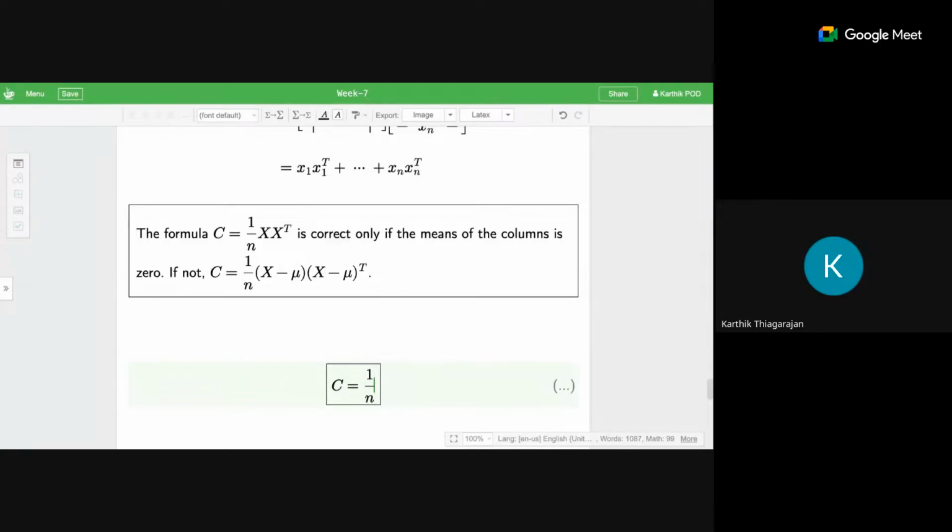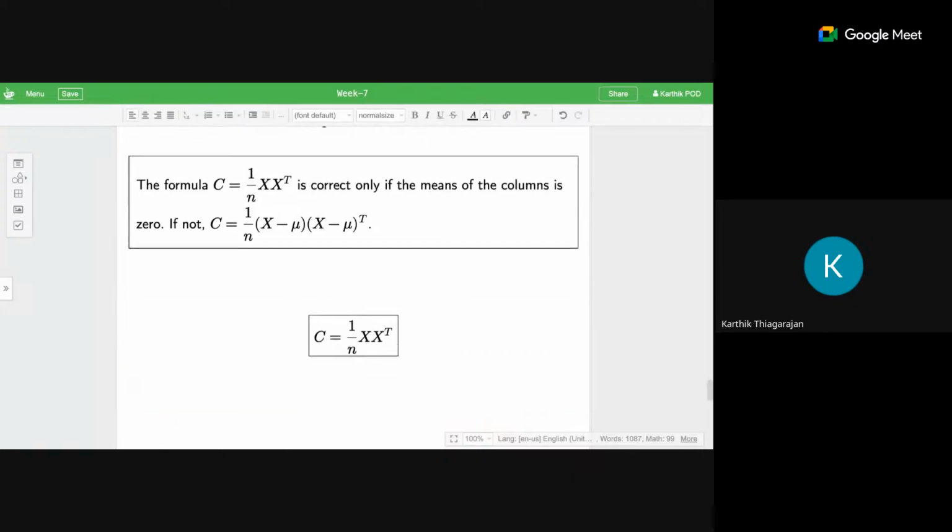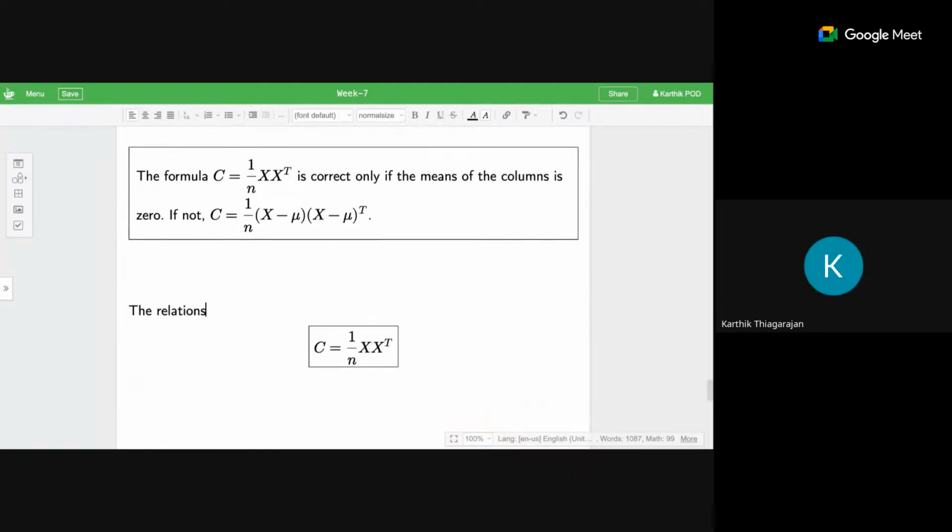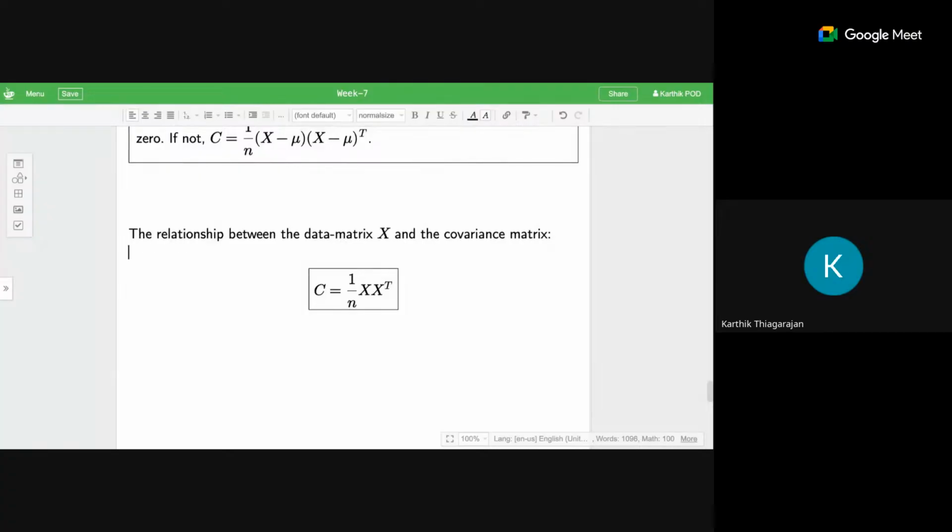So this is 1 by n xx transpose. This is the relationship between the data matrix X and the covariance matrix. The covariance matrix gives you all the information that you need about your data set. It's captured in this D cross D matrix.